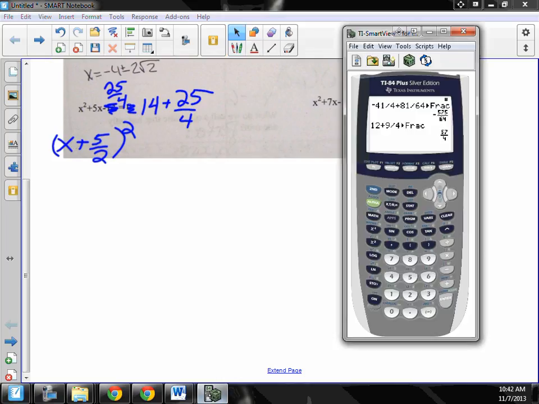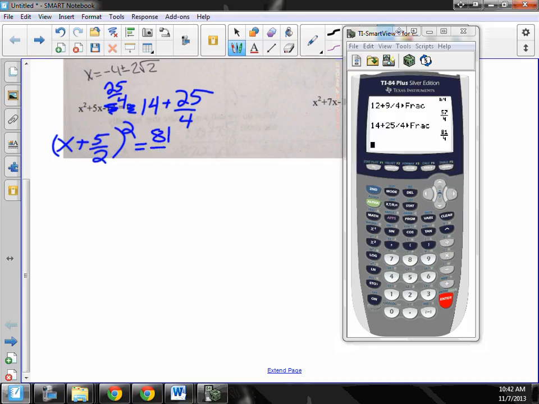So in my calculator, 14 plus 25 over 4, fraction, 81 over 4. Okay? Square root, square root, square root. What is the square root of 81? 9.